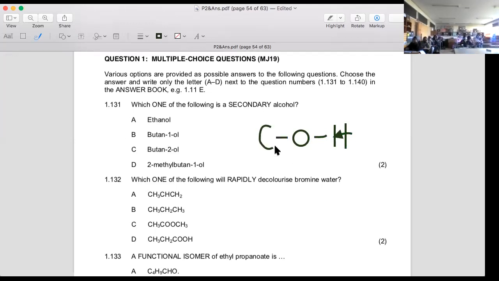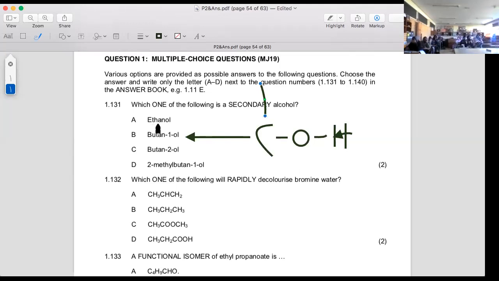This carbon here must be attached to 2 other carbons. It can't just be attached to one more carbon like this. So it must be attached to another carbon somewhere up there. So that means that this carbon must sit in the middle of a chain. So which of these is not at the end?